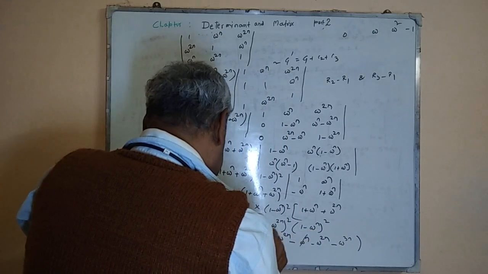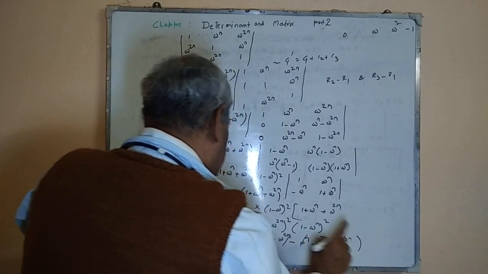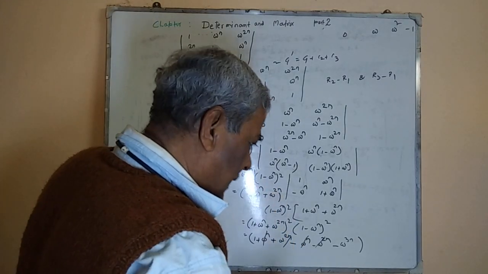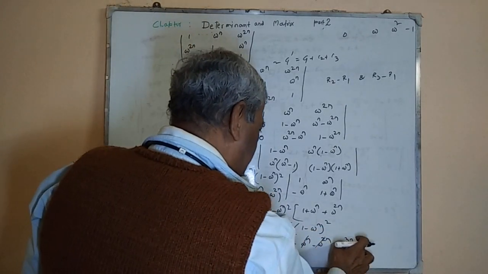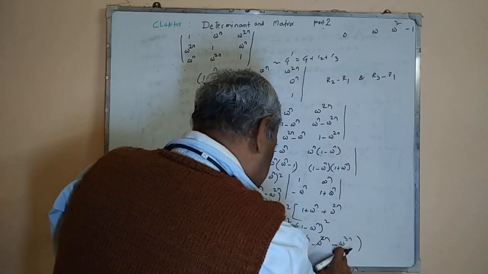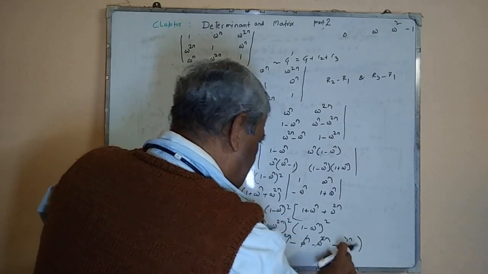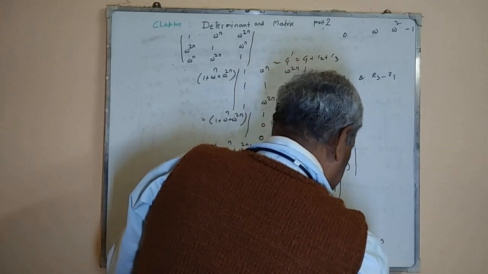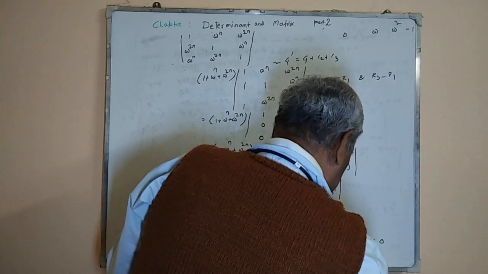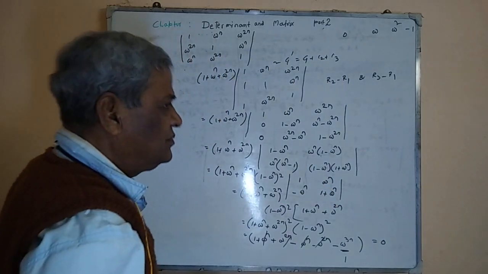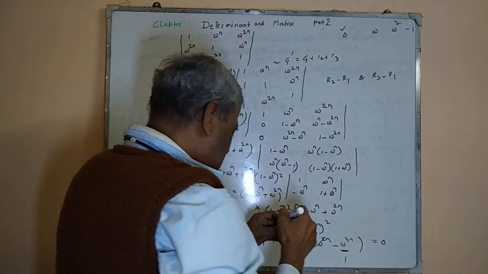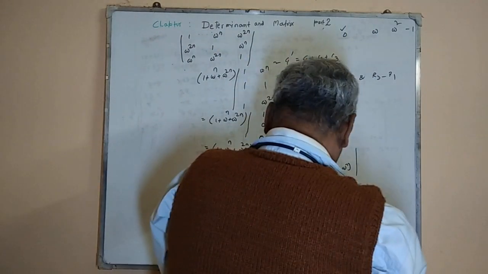Now this cancels, and (omega cube) whole to the power n, omega cube is 1, so 1 to the power n is 1, so this is minus 1, this is plus 1, so it is 0. So our answer is 0. First option is correct.